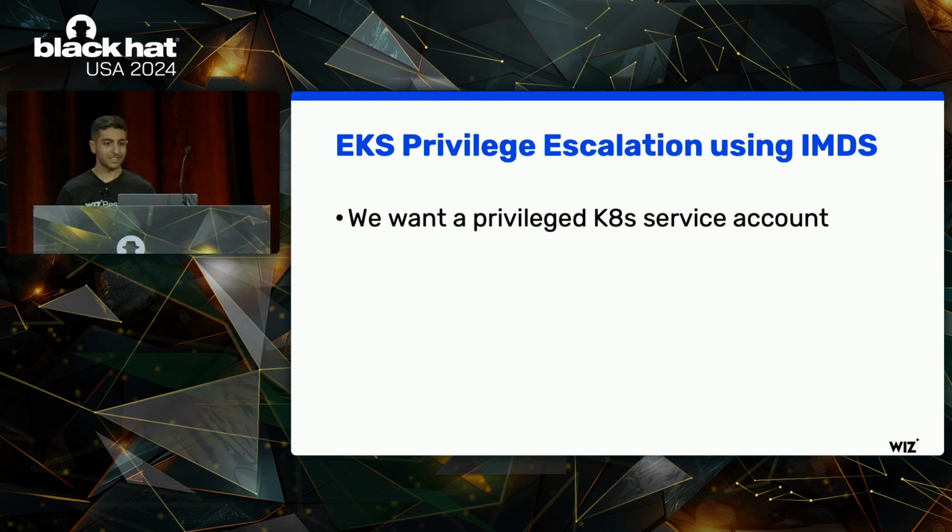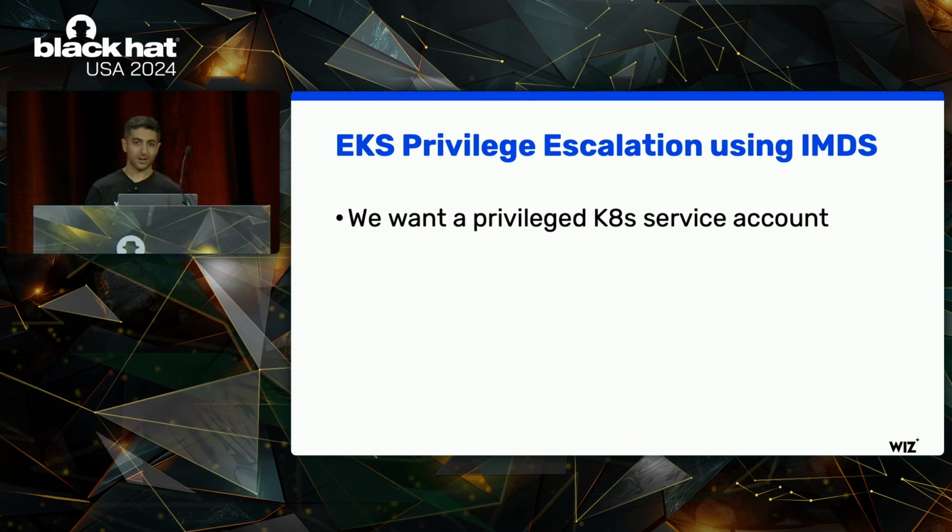So as I said before, we really want a privileged Kubernetes service account. This would be the ideal way for us to laterally move within this cluster. And luckily for us, Eli and I actually come from a cloud security research background, and we are familiar with this very cool trick that has worked for us multiple times in the past.